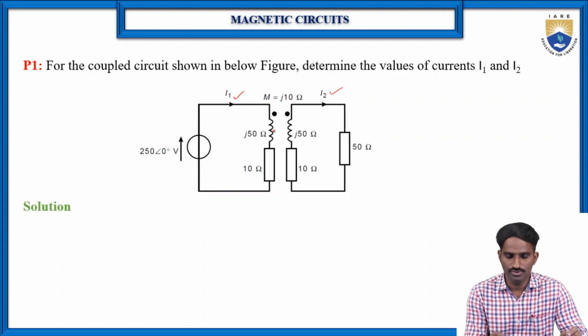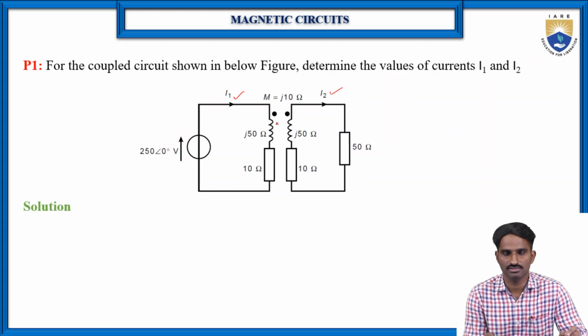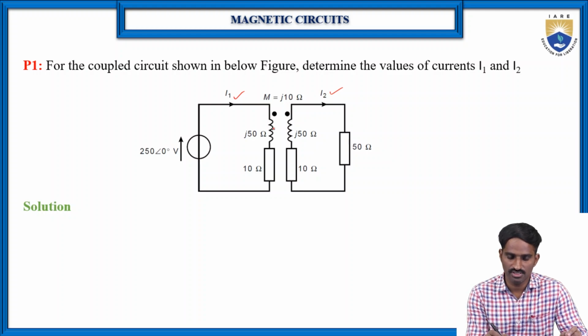But we should know, as we have seen in the previous class, for this particular circuit this is one dot and this is another dot. Not only the dot, but the direction of the current in these two circuits is also very important. With respect to circuit 1, the current is entering at the dotted terminal.